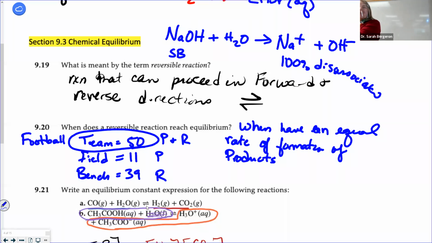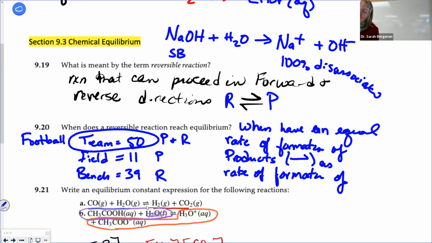So the rate of formation of products, is that my arrow forward or my arrow in reverse? I have a chemical equation that goes reactants to products. So this is my forward direction arrow. So when we have an equal rate of formation of products as rate of formation of reactants.